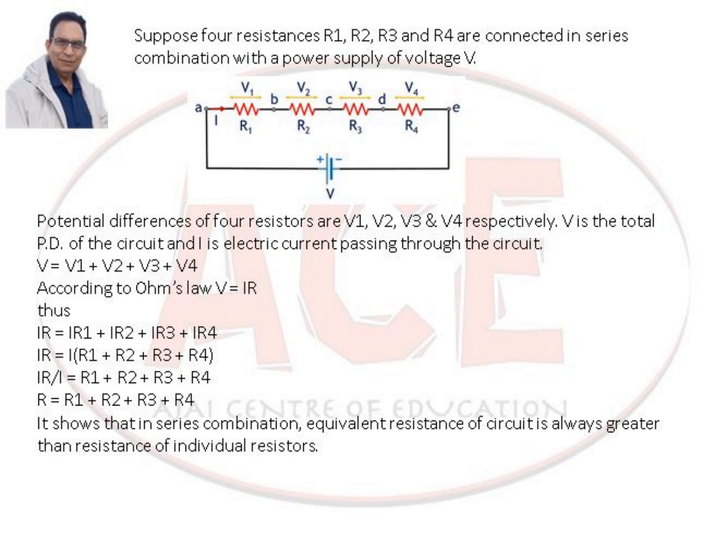I is common on either side, it is cancelled out. We get R is equal to R1 plus R2 plus R3 plus R4. It shows that in series combination, equivalent resistance of circuit is always greater than the resistance of individual resistors.